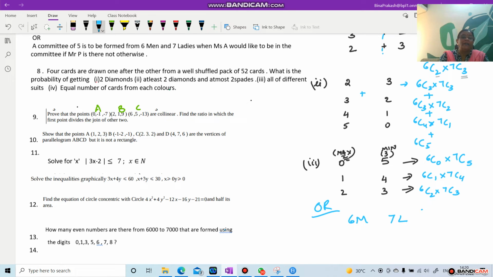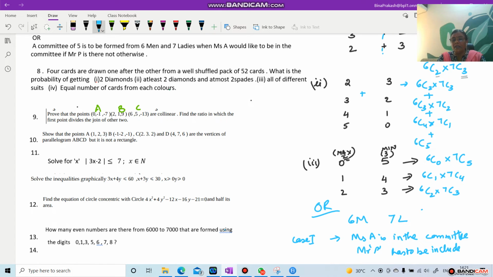She would join the group only when Mr. P is in that group. So what does that say? We have case 1, where Miss A is in the committee. If Miss A is there, Mr. P has to be included.